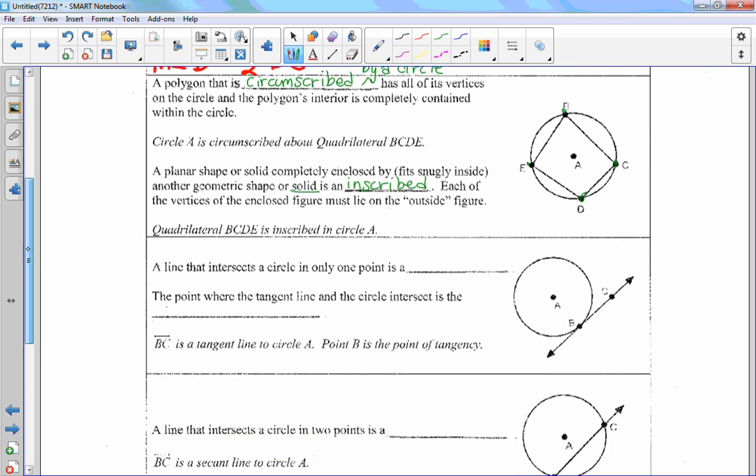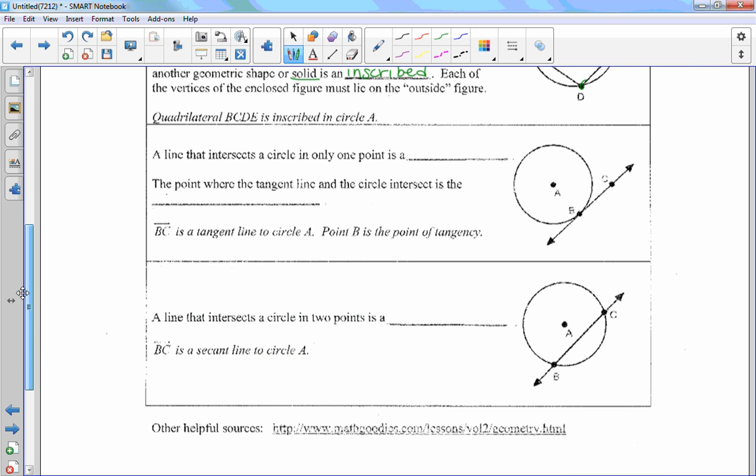Okay? A line that intersects a circle only at one point. See this line that keeps going because of the arrows? It comes up, it hits the tip of the circle, and brushes right off. It only intersects once. What type of line only intersects once? You've probably heard this before. Starts with a T. And it's actually already in the box if you read down further. Yep. Read the box.